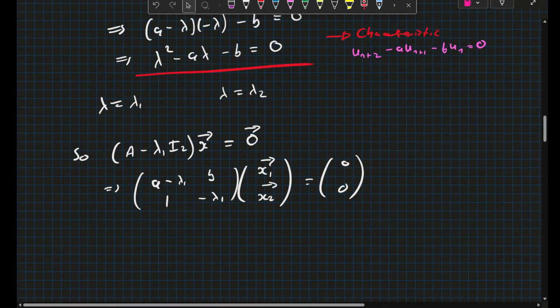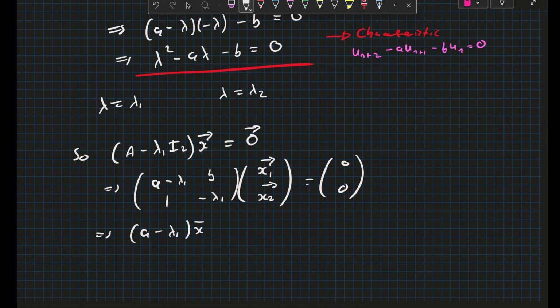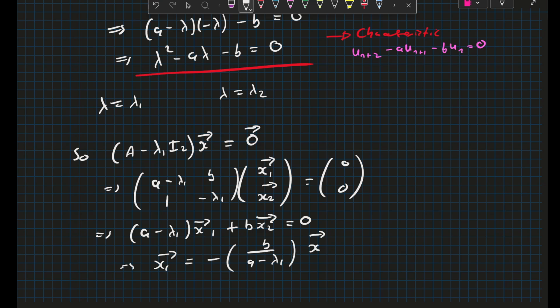So if we do some comparison, we can say that (a minus lambda 1) x1 plus b x2 equals 0. And then it's not too hard to see that you'll get x1 as the negative of b over (a minus lambda 1) times x2.